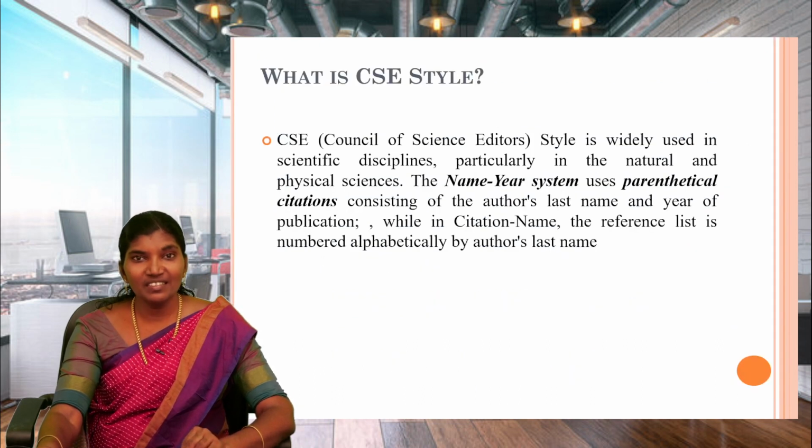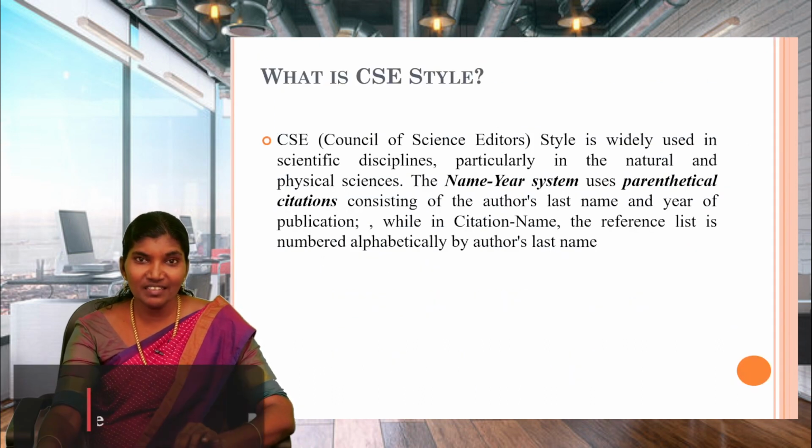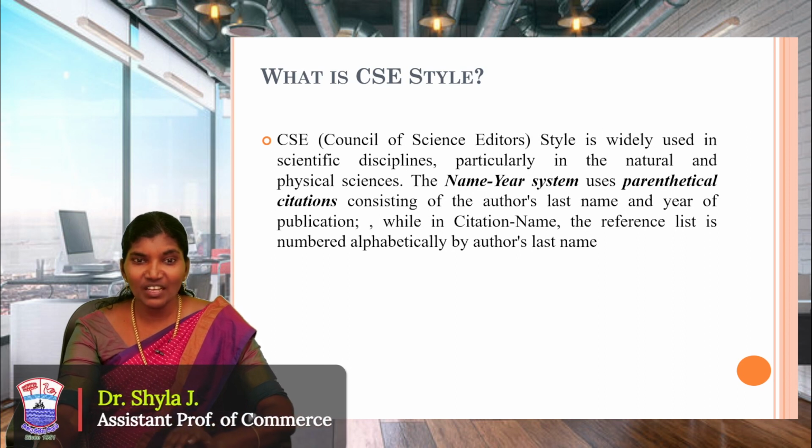Another important citation style is CSE style. CSE is the Council of Science Editors. It is widely used in the scientific disciplines, particularly in the natural and physical sciences. Here the name-year system uses parenthetical citations consisting of the author's last name and year of publication.